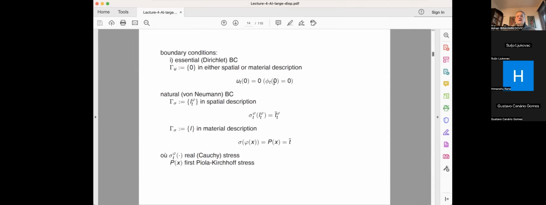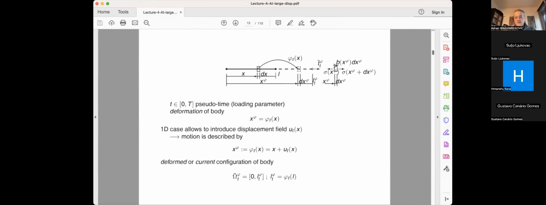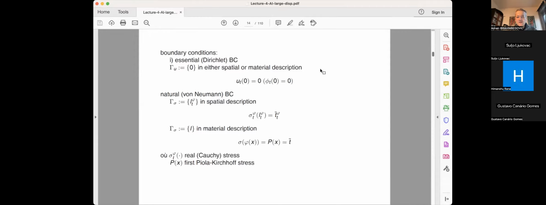And then on the right-hand side, I either have to put the traction, which is in the deformed configuration, pi phi at time t, or in the material description, this will be like a mapping of this traction in the initial configuration. And in that case, I have to compare in the deformed configuration the true stress, sigma phi, to pi phi, which should be imposed.